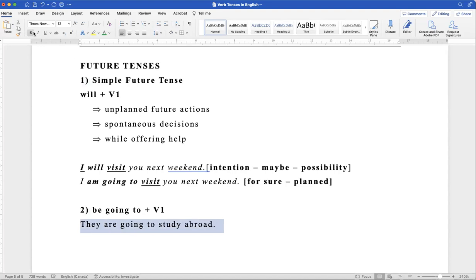Abroad means in a foreign country, in another country. This means that it is planned for sure. This will definitely happen. So what I did here, I put be going to, and then I put study, the verb. And then the subject is they.